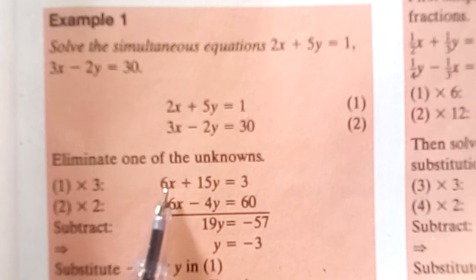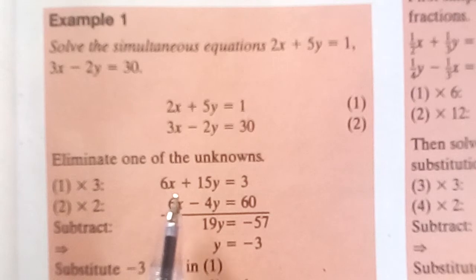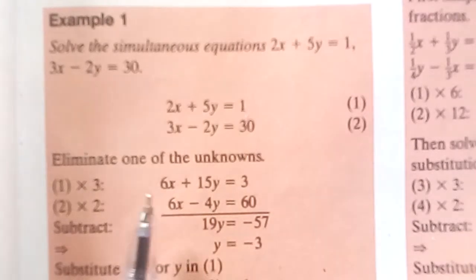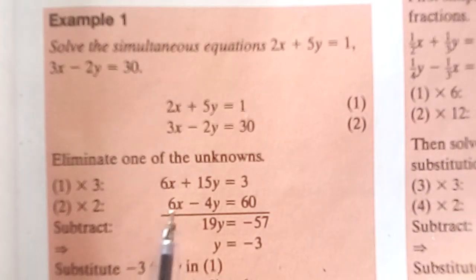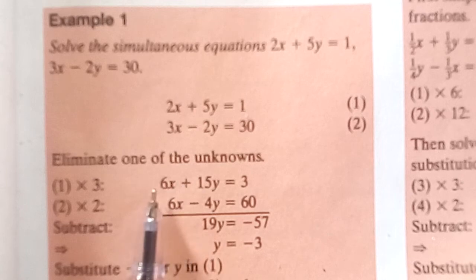So since we have the coefficient of one of the unknowns as the same number, we now either subtract or add. If we subtract 6x minus 6x, it will give us 0 to eliminate this.